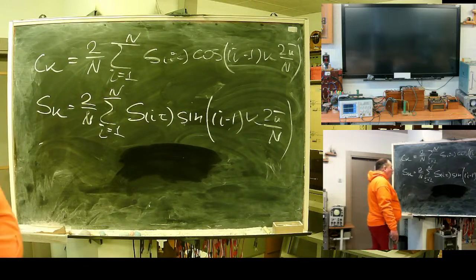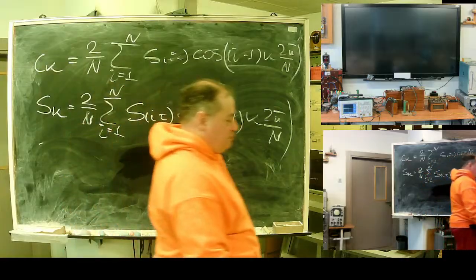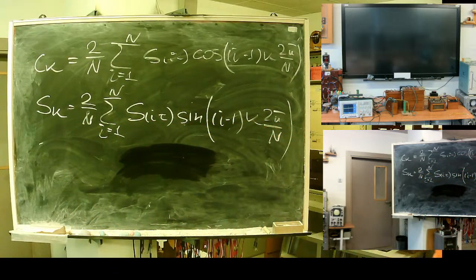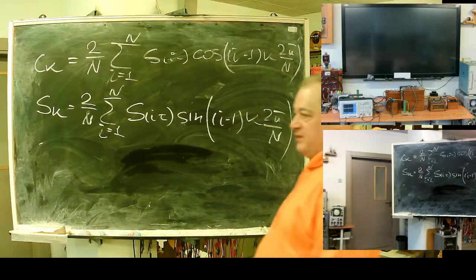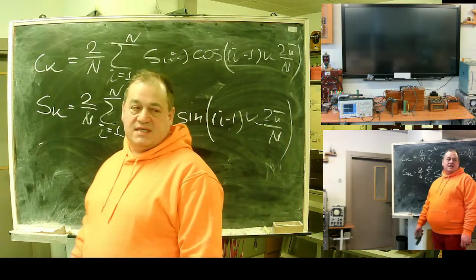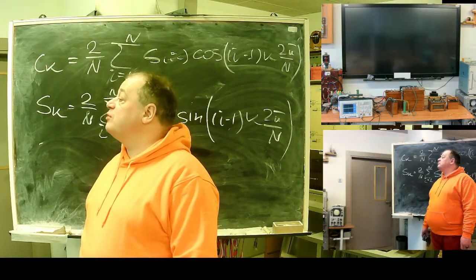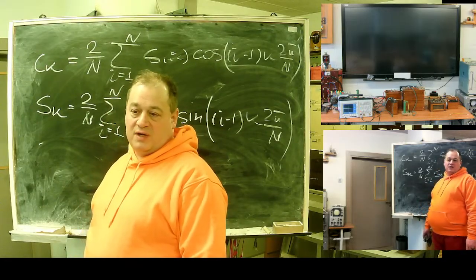Okay, why am I writing this? One more transform, blah, blah, blah. This is a very useful tool when you need to perform network analysis for non-harmonic currents. A very good example I have on my table is a rectifier powered network.